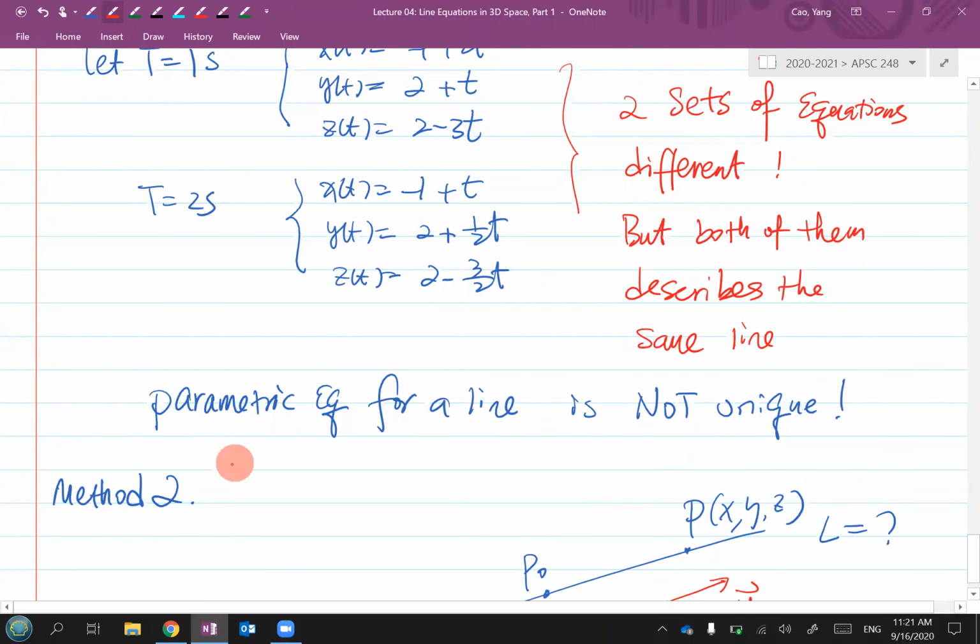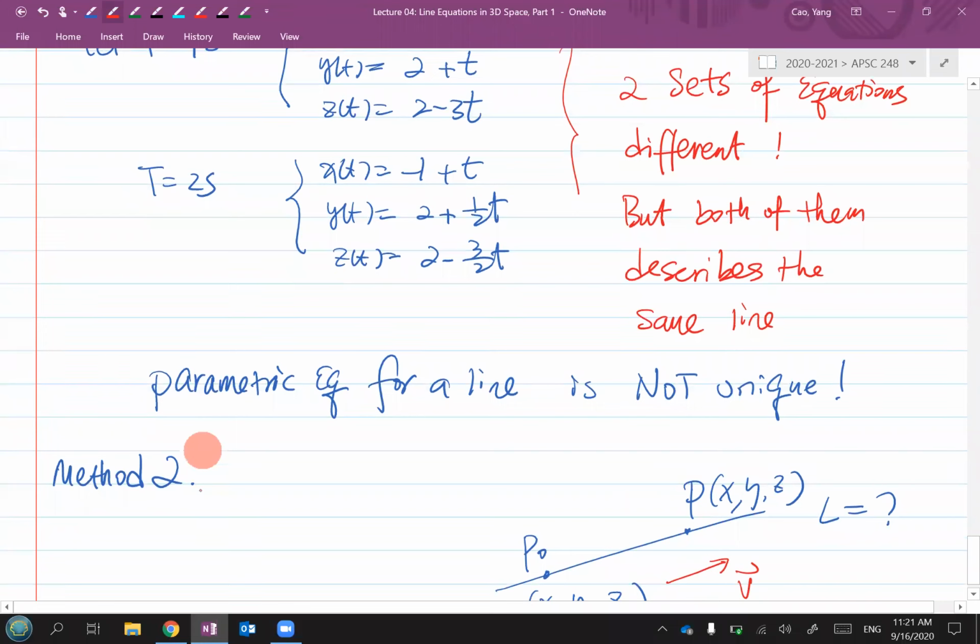So for this approach, we have given a point P naught and a parallel vector V. Those are the given conditions in the second approach.